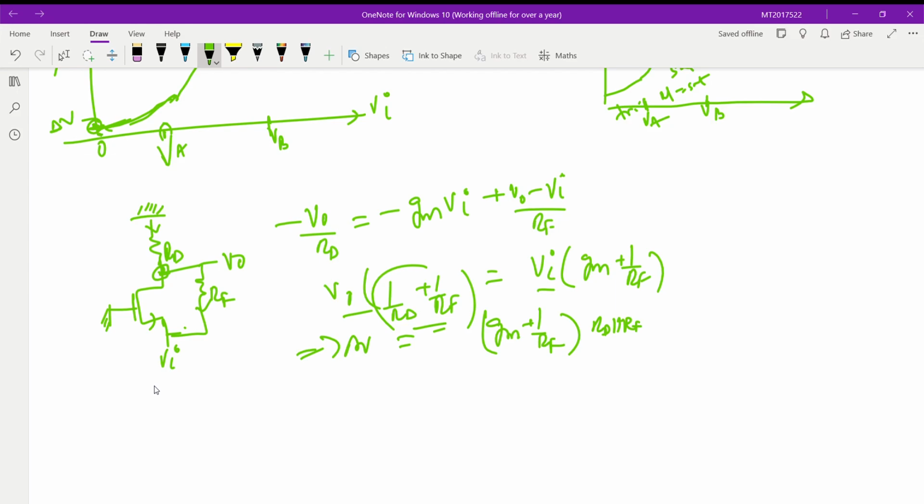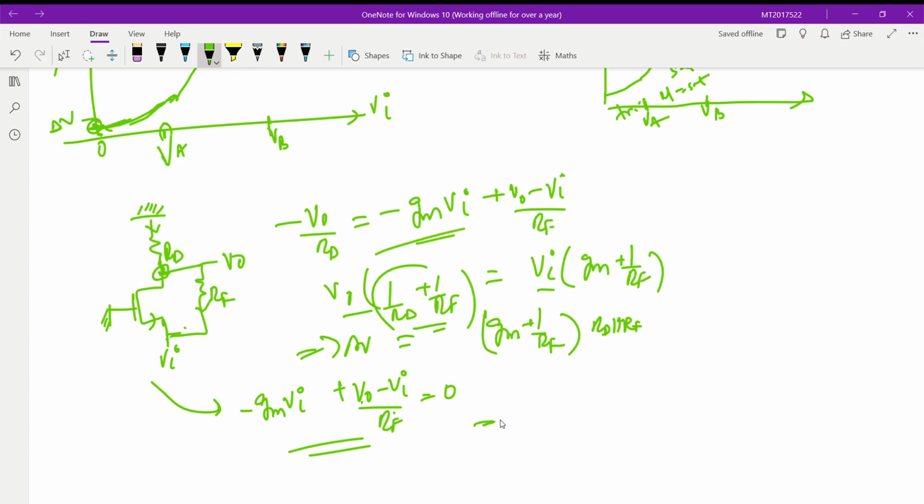So wherever we choose to, we can solve the current equation, find out the results, right? So will it work here? Let us check. So at this node, the current equation is minus gm Vi plus (Vout minus Vi) by RF equal to 0, right? So there is already a difference in the equation.